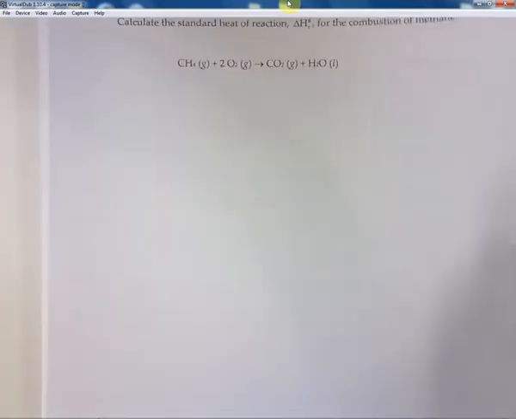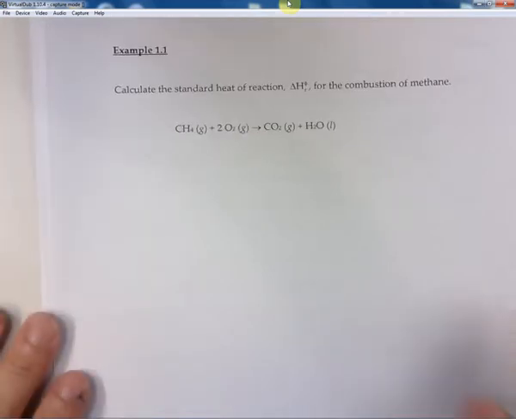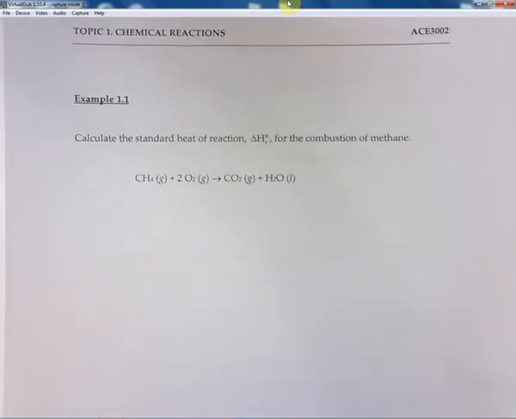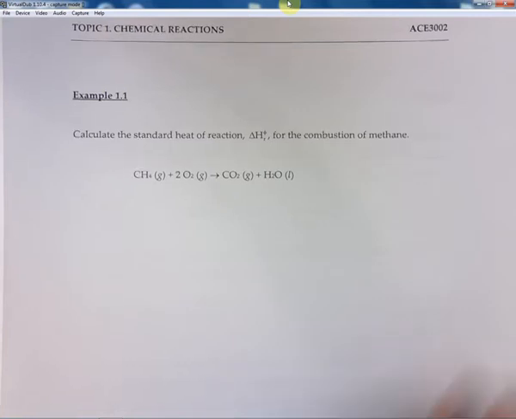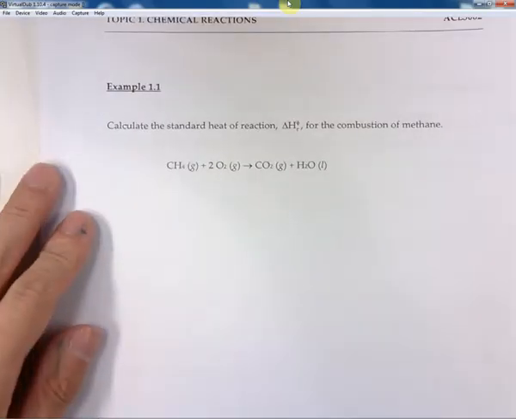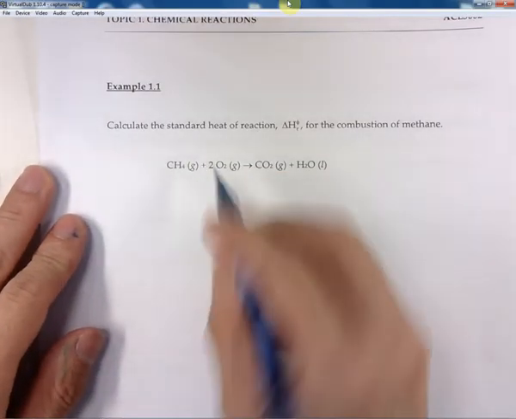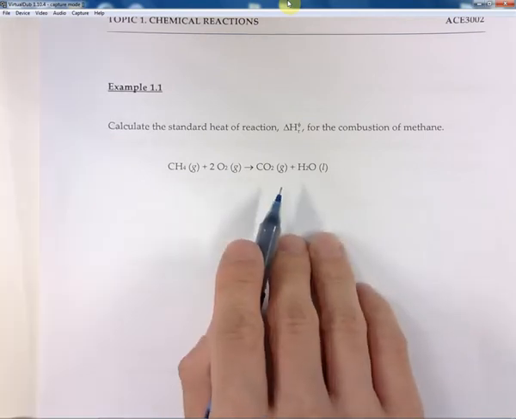So let's look at one example, given in your lecture notes. Calculate the standard heat of reaction delta H_R for the combustion of methane. Hopefully with this example, we can give you a better idea on how to solve this kind of question. This is methane. First of all, we must make sure that it is balanced.